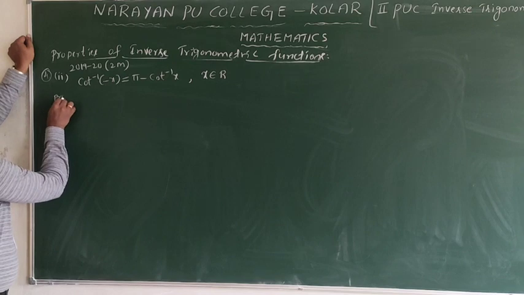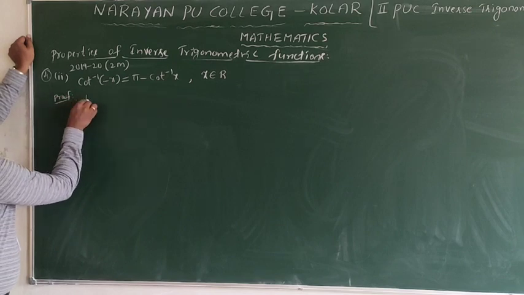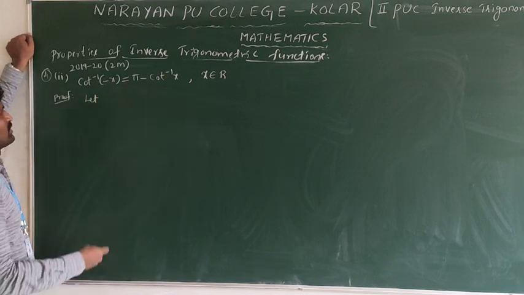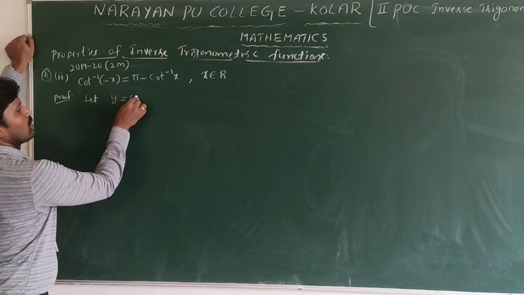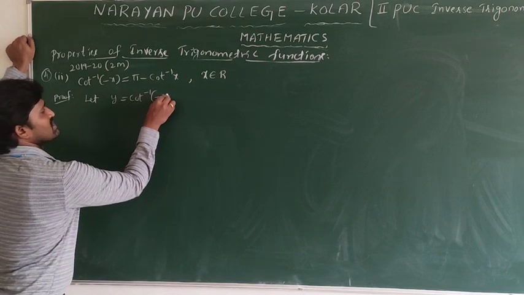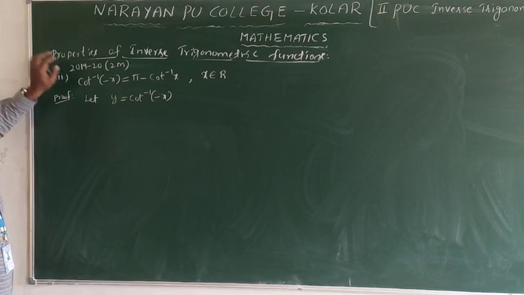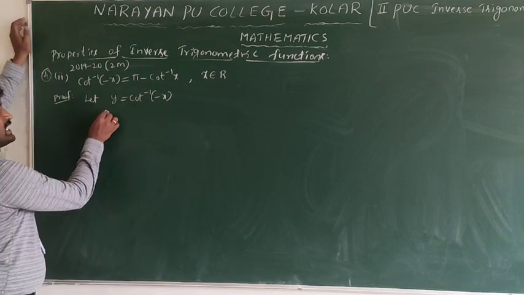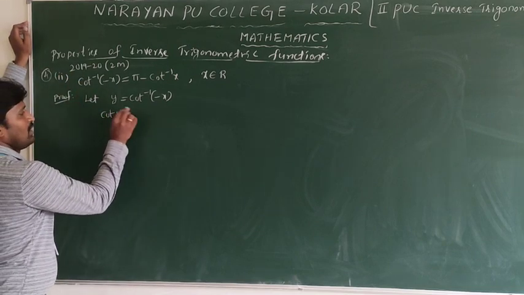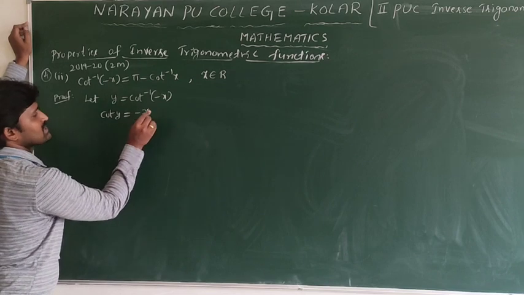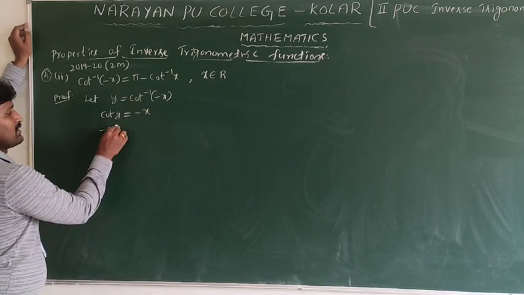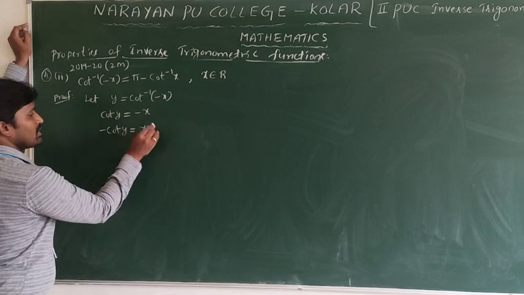Now to prove this one, take the same approach we did in the previous one. Let y equal cot inverse of minus x. Now take cot inverse to the left side, it becomes cot y equal to minus x. Take minus to the left side, so minus cot y equals x.